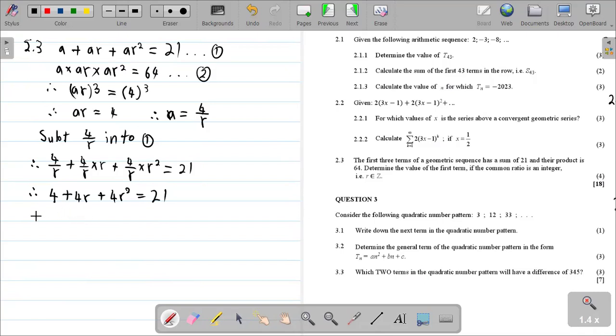So then it means, therefore, 4r squared plus 4r, and then we minus here. It's going to be negative 17, yes. Is it negative 17?